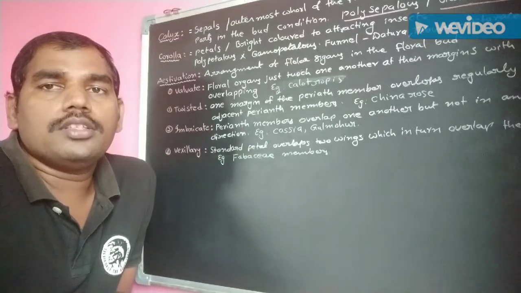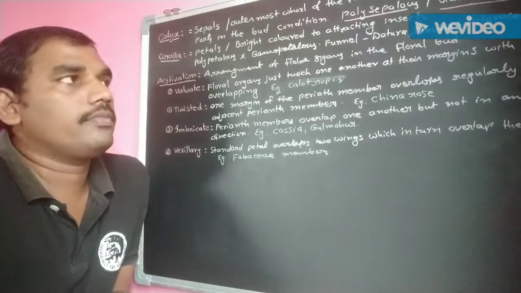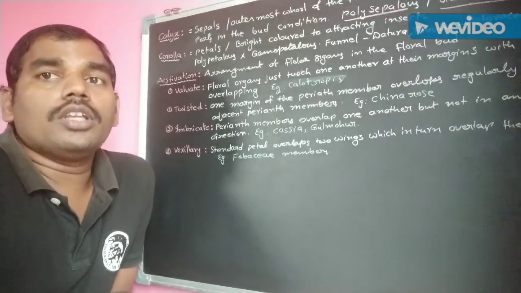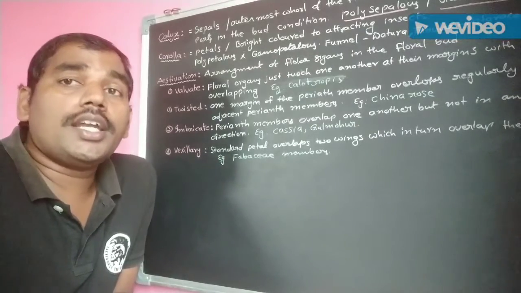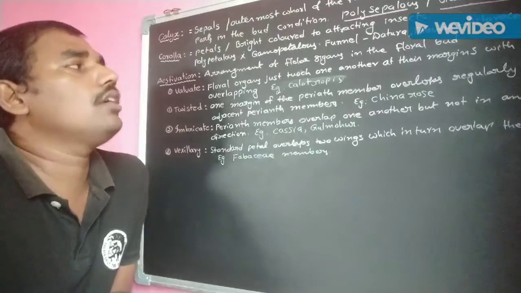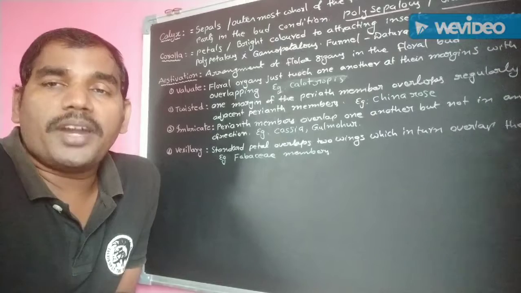Understand? These are also arranged on the thalamus in the second whorl of the floral parts. Next, these are also either polypetalous, that means the petals are free.